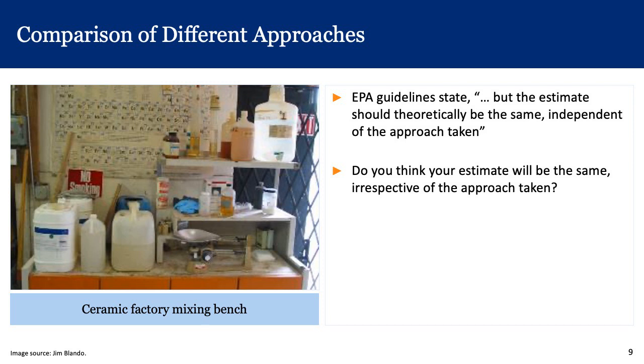So the question: do you think the estimate will be the same irrespective of the approach taken? While I could understand why someone might claim that theoretically they should be the same, in reality, because these are tools and they're not perfect, oftentimes you'll see variability in the results. This is why it's important, when we're planning our exposure assessment, to carefully consider how we're going to do it and pick the best approach that we believe can give us the most precise and accurate estimates possible.